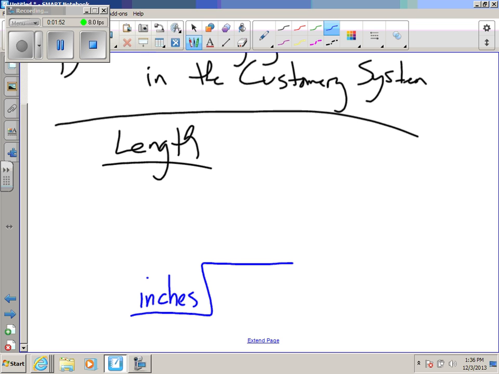From inches, we move to what's the next biggest measurement? Josiah. Feet. From feet, we use what? Yards.